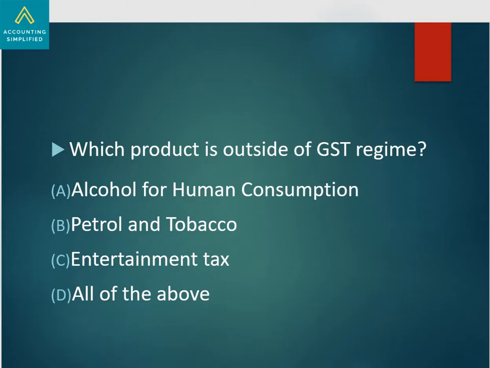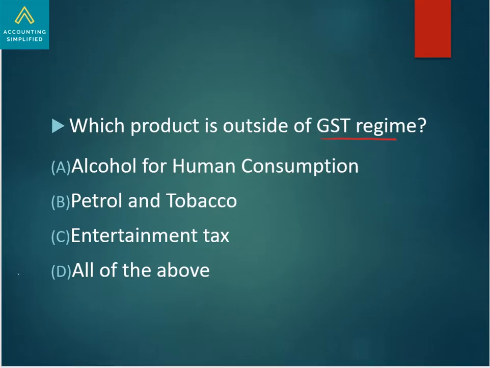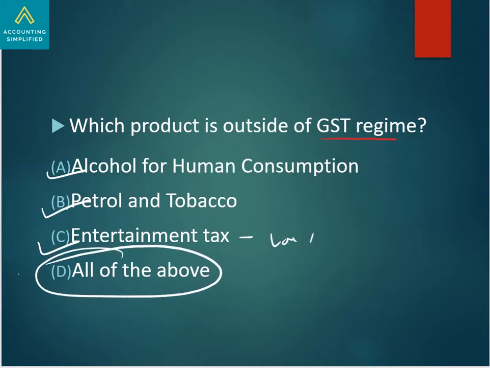Which product is outside of the GST regime? Alcohol products are not applicable, petrol and tobacco are not applicable, and entertainment tax levied by local authorities is not included. So the answer is all of the above.